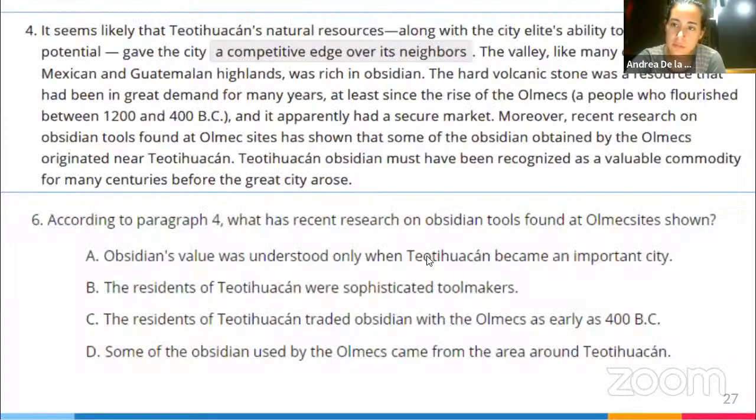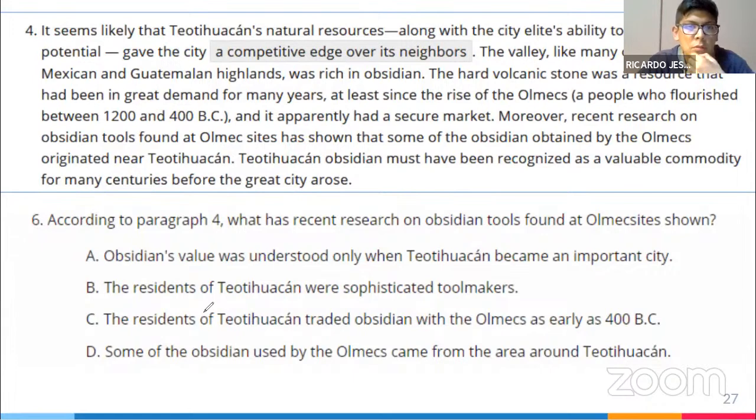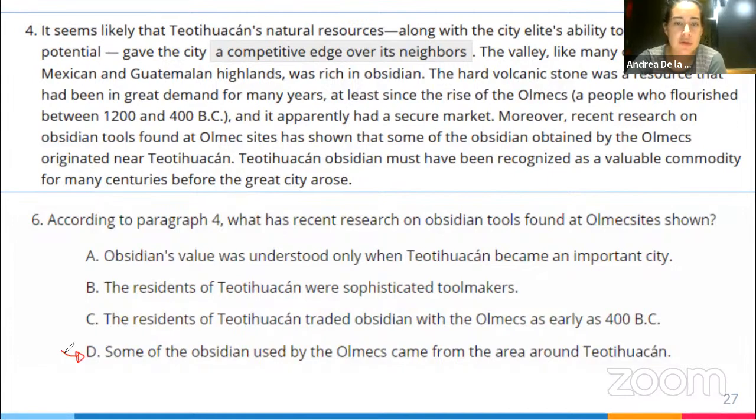Which would be the right option? I think it's D. Does everyone agree? That's right. Good job. Well done. This one was easier because we didn't have such fancy words to understand.